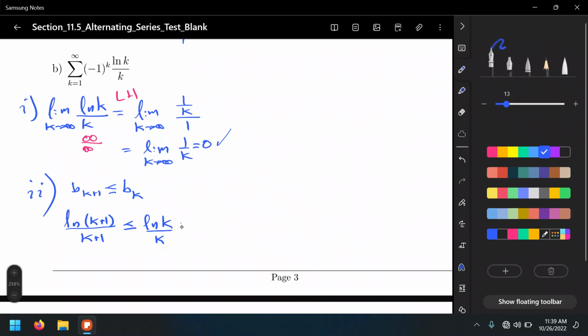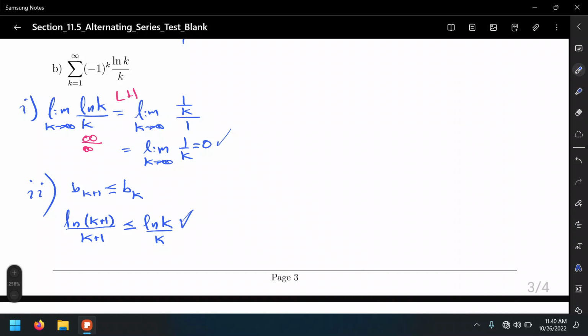So the two conditions for convergence are satisfied. We may go ahead and take the absolute value of the series k equals 1 to infinity, absolute value of -1 to the k, ln of k over k.